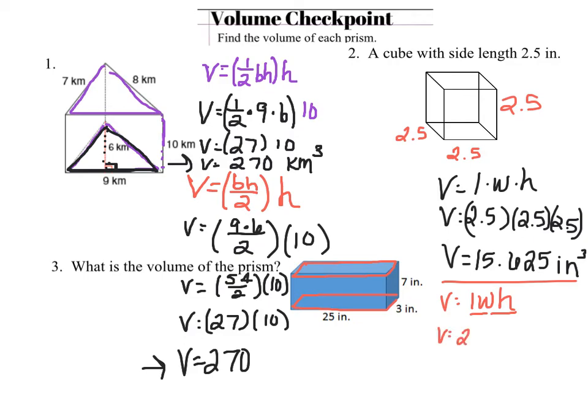So it's going to be 25 times 3 times 7. We get a total volume of 525 inches cubed. It is that easy if we know our formulas and we plug our numbers in.